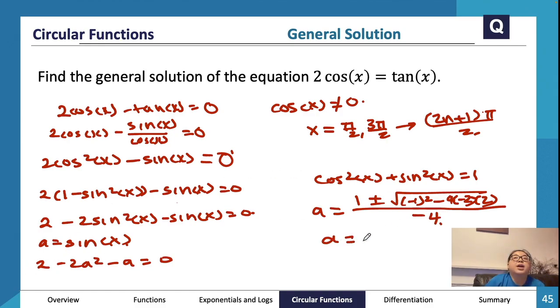Alright, so then we get a equals 1 plus or minus, and we can note that that's going to be negative 2 times 2, which is 4. So negative 4 times 4 is going to be negative 16, right? So that's going to just be negative 16. And then what we're going to get here is 1 plus or minus 17 over negative 4, right?